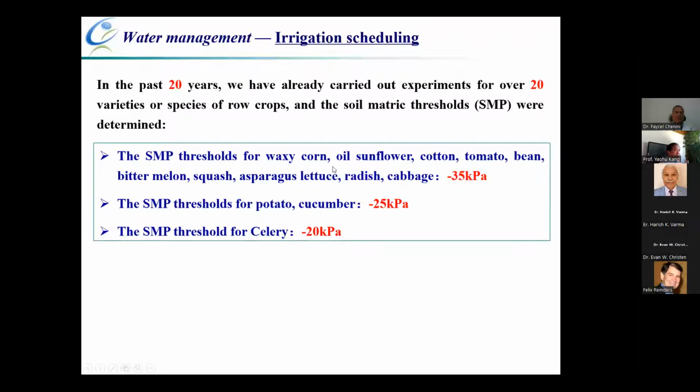For oil sunflower, cotton, tomato, bean, bitter melon, squash, lettuce, radish, and cabbage, it's minus 35 kilopascals. For the potato and cucumber it is minus 25 kilopascals. And for the celery it is minus 20 kilopascals.